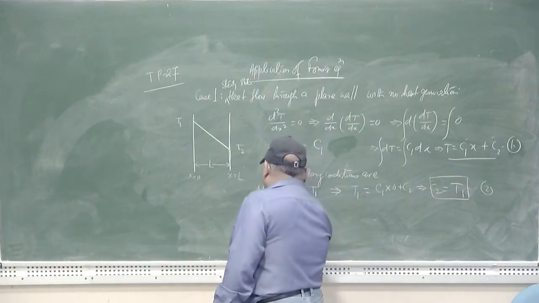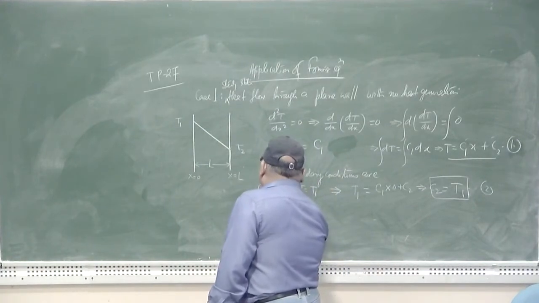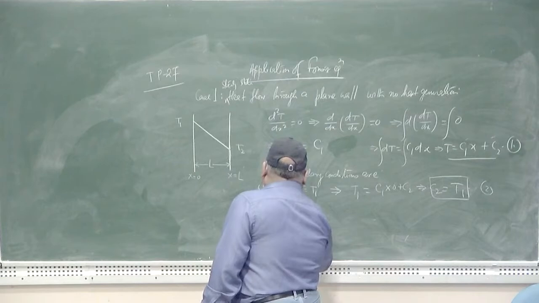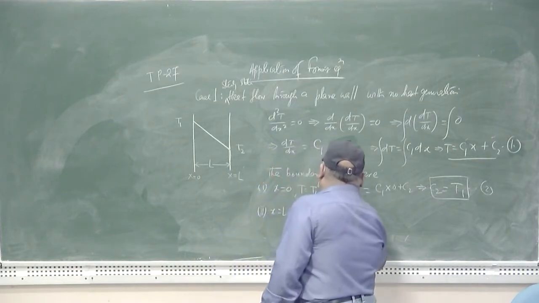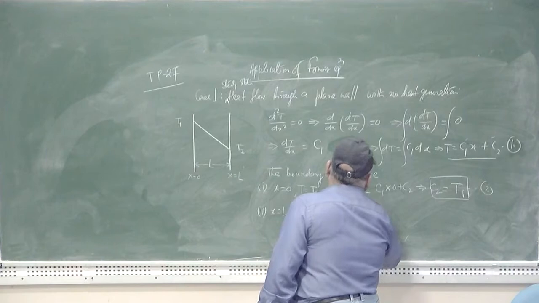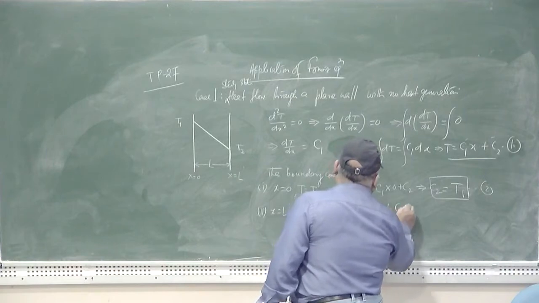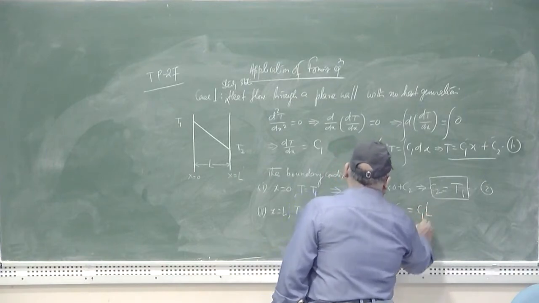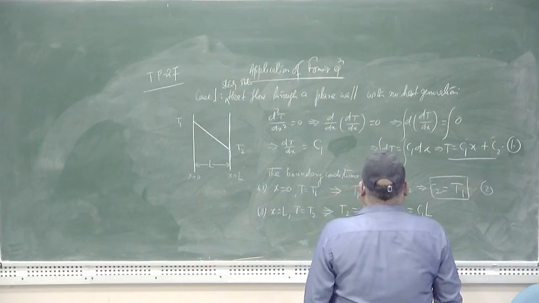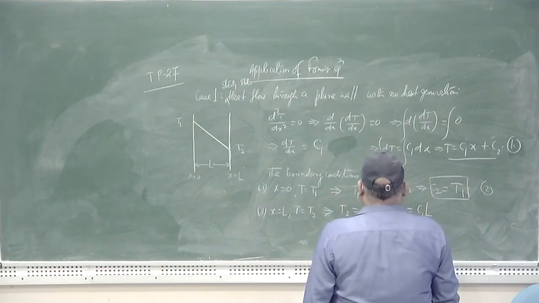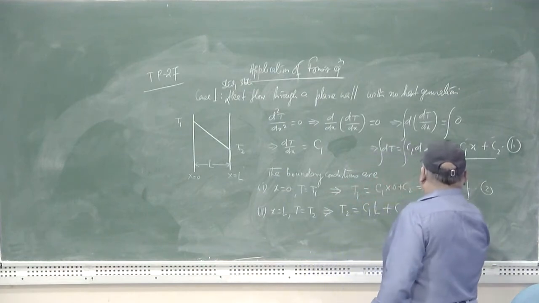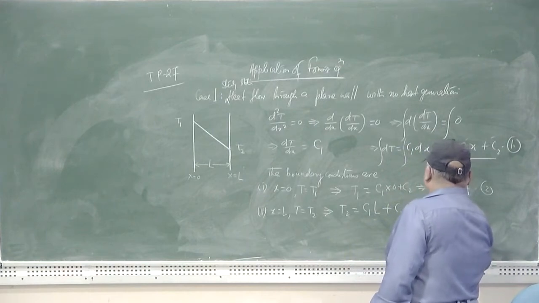For the present case, x is equal to L, so T is equal to T2, so we can write T2 is equal to C1 L plus C2, that is equal to C1 L plus C2 is equal to T1.